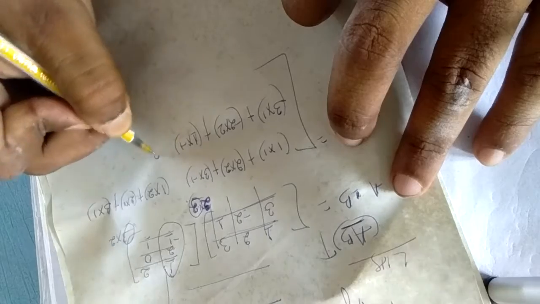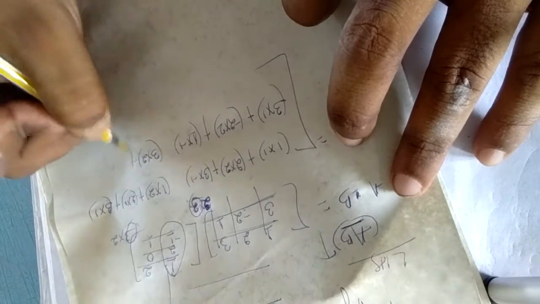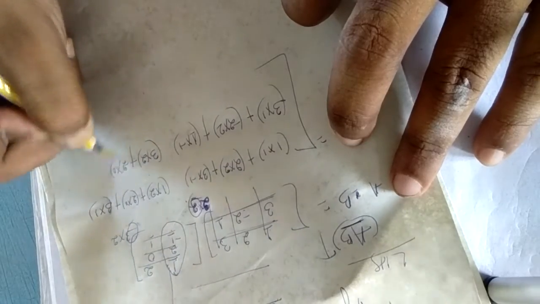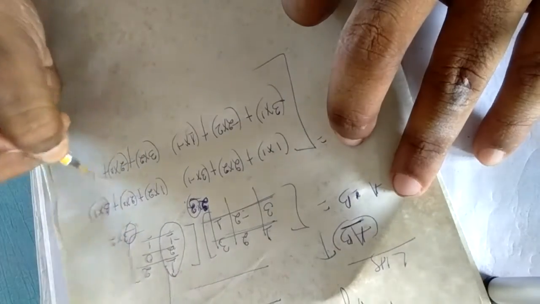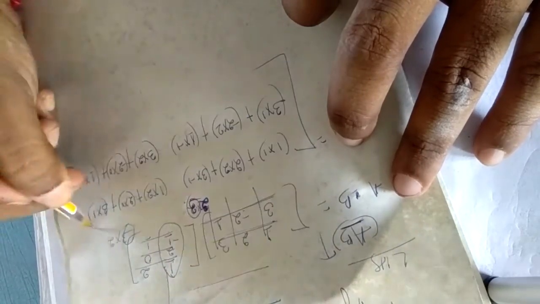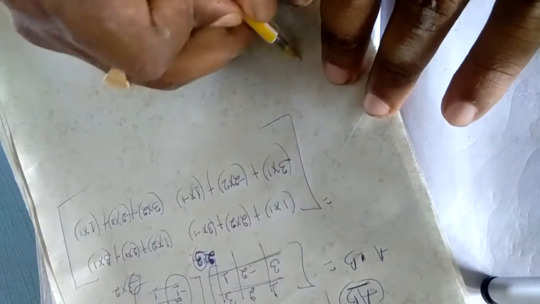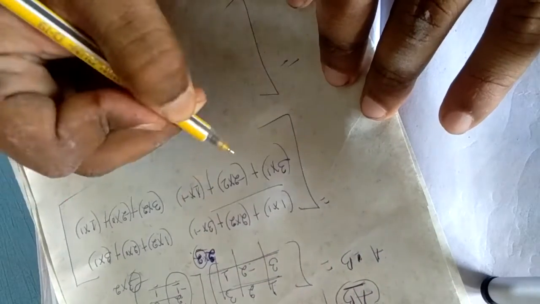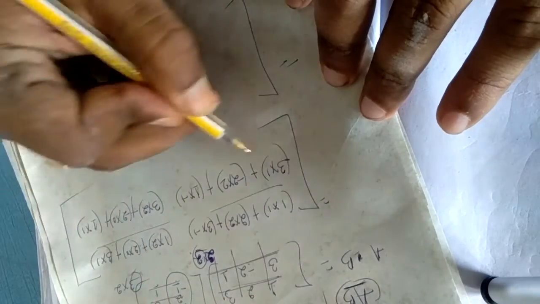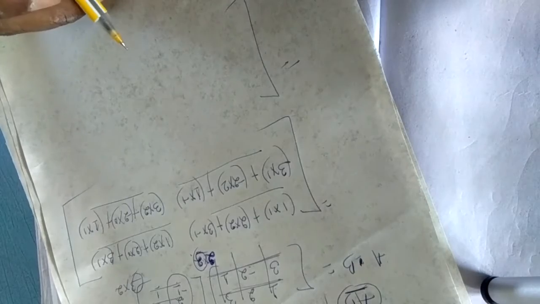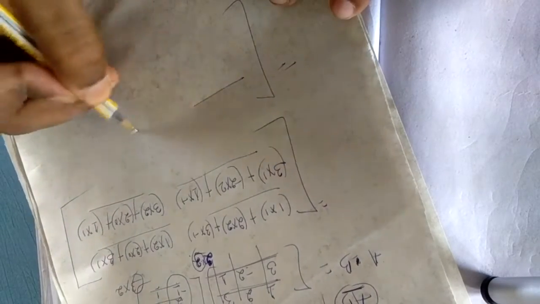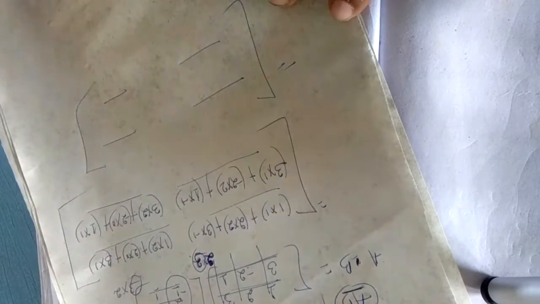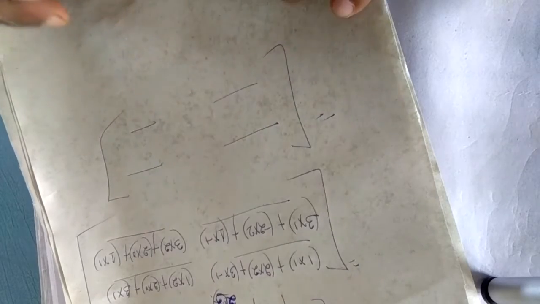Similarly 3 into 2 plus minus 2 into 0 plus 1 into 1. Now simplify this and you can find the elements of the matrix. You can solve this yourself.